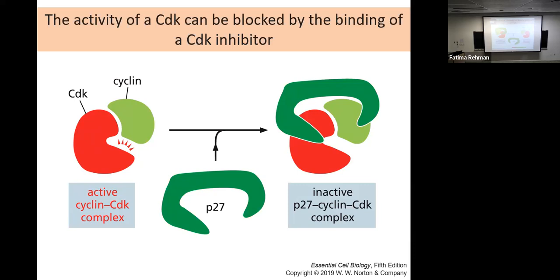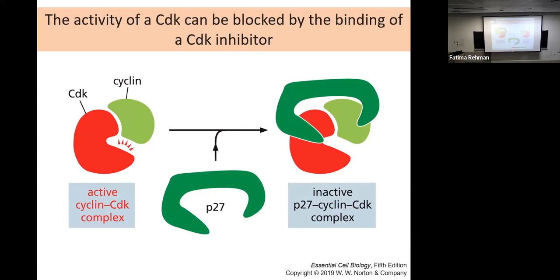In this case, you have an active cyclin-CDK complex. If you have an inhibitory protein bind to it, in this case p27, it is going to inactivate the complex, even though you have both cyclin and the CDK present together, which normally would lead to activation. So the cyclin-CDK complex activation and deactivation is the first step of control.